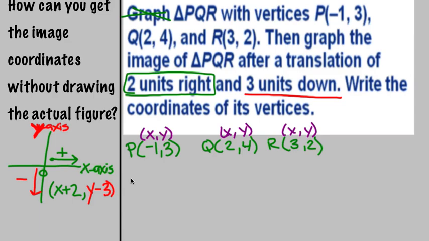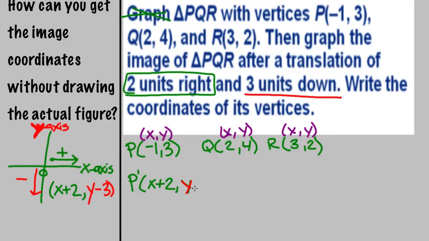So let's start with letter P, and we're trying to find the image of P. We're trying to find the next point. I know that I need to apply this: x plus 2 and y minus 3.